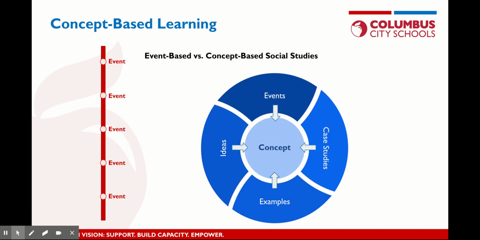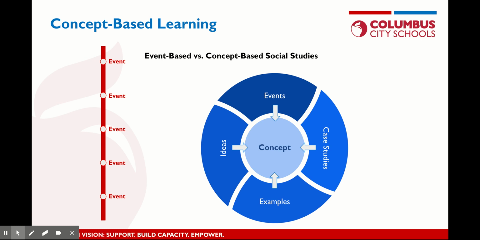At the core of visible learning is concept-based teaching and learning. So I've created two graphics here to distinguish, I think, from event-based, which is a kind of a form of teaching history. In geography, it might be place-based teaching versus concept-based social studies. What's the difference in these two ways of teaching?